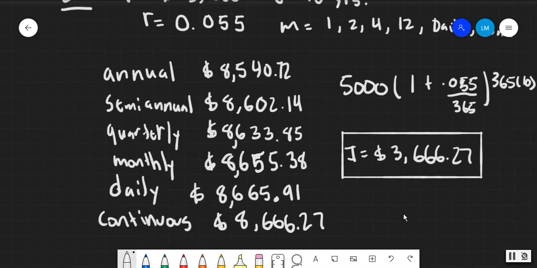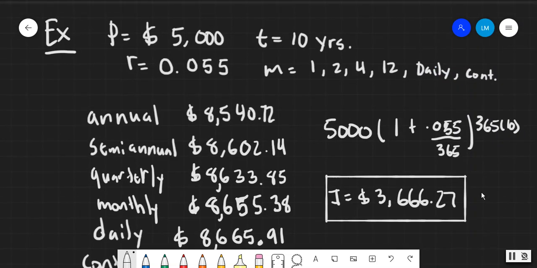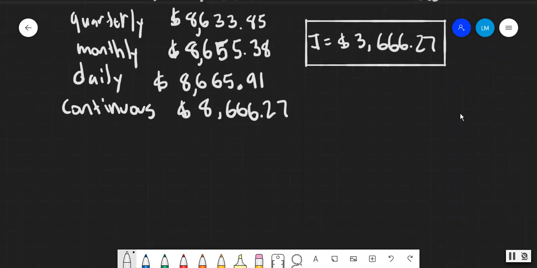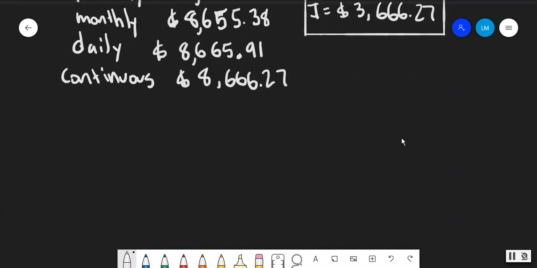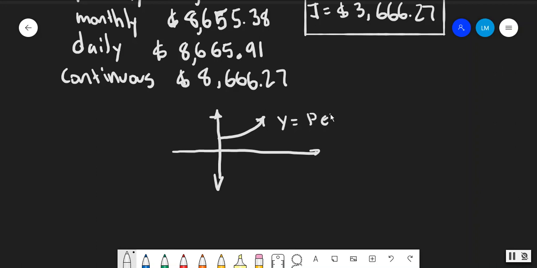Okay. And this is obviously a hypothetical, especially if you were to graph the equation. If you graph the equation, it gets a little misleading, because you might accidentally look at it like that, where you have y equals P times e to the rt, and the equation looks like this.